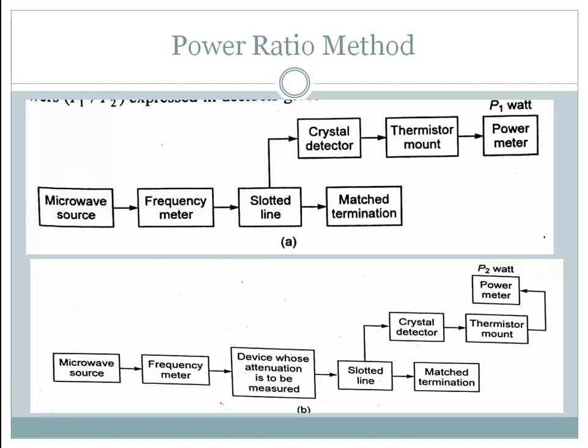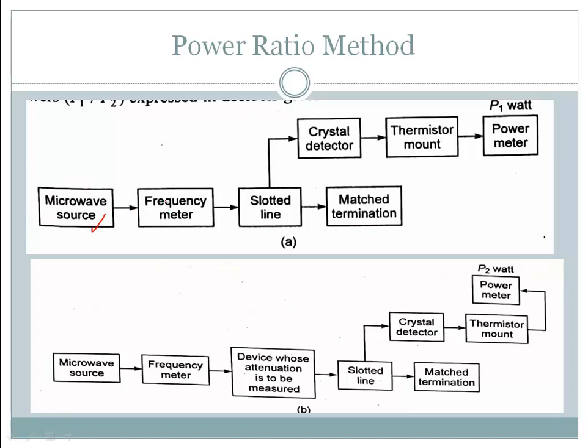This is the bench setup for the power ratio method to calculate the attenuation loss. The bench consists of a microwave source which is used to generate the microwave signal. This microwave signal is generated by the Gunn diode and reflex klystron. In the laboratory, the output of the microwave source goes to the frequency meter.